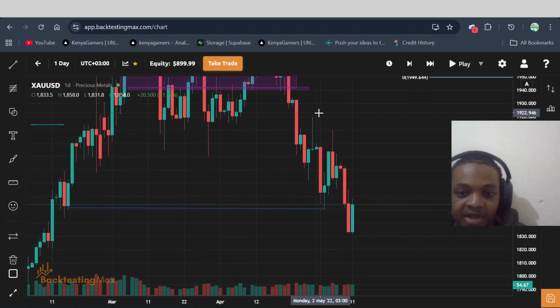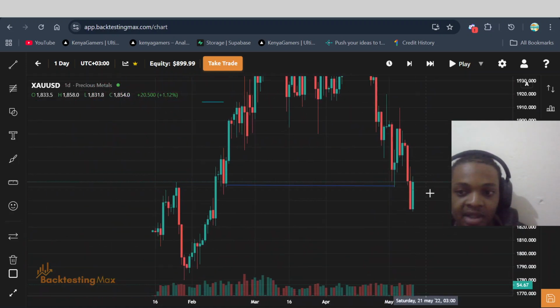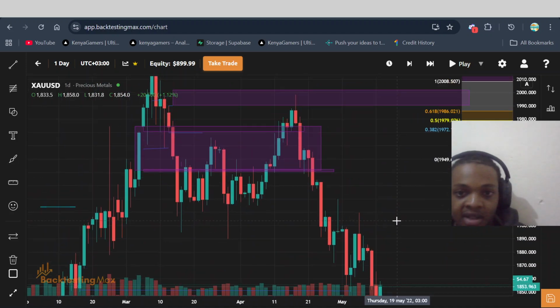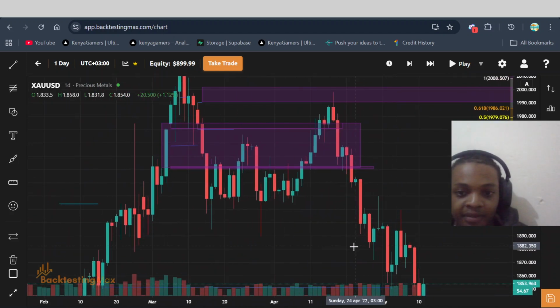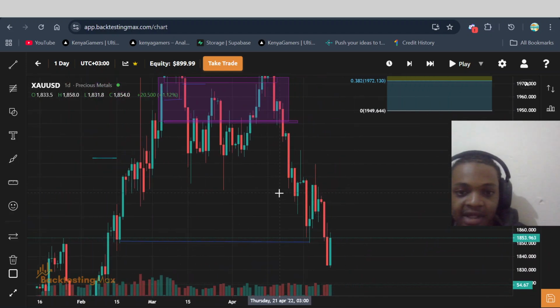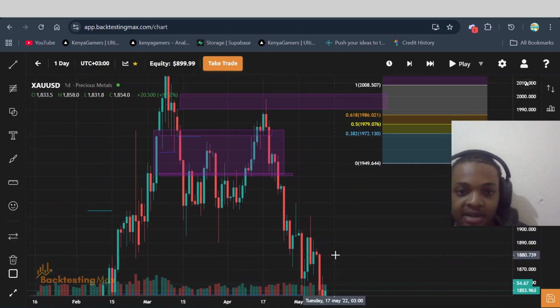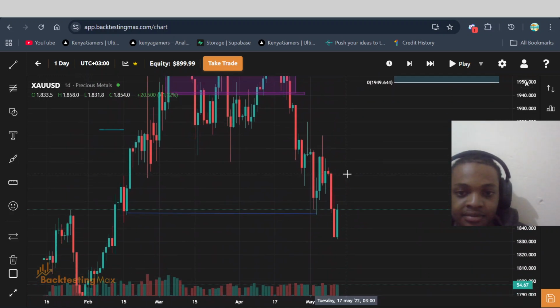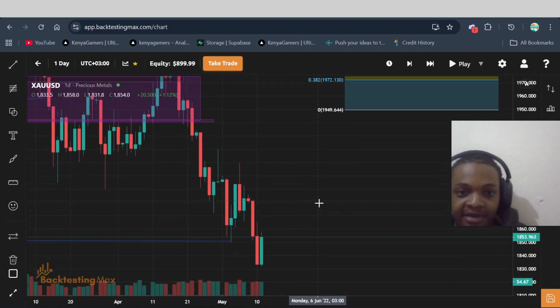This just shows that price is just going to continue dumping and dumping and dumping. And it doesn't even look like it wants to pull back. This is actually really tough.